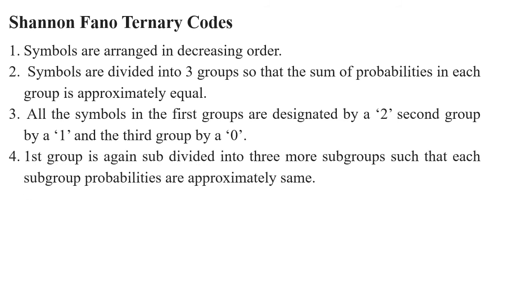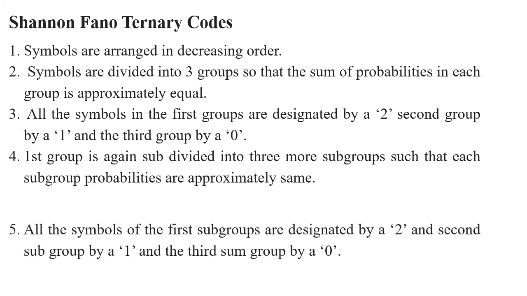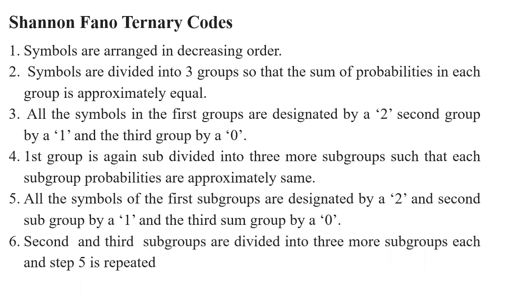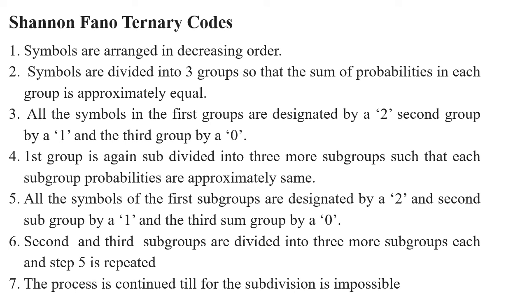Fourth, the first group is again subdivided into 3 more subgroups such that each subgroup's probabilities are approximately equal. All the symbols of the first subgroup are designated by a 2, the second subgroup by a 1 and the third subgroup by a 0. Second and third groups are divided into 3 more subgroups each, and step 5 is repeated. Seventh, this process will be continued till further subdivision is not possible.